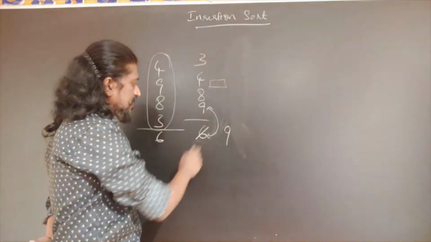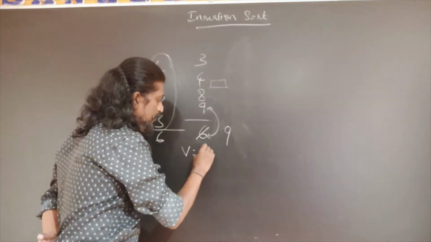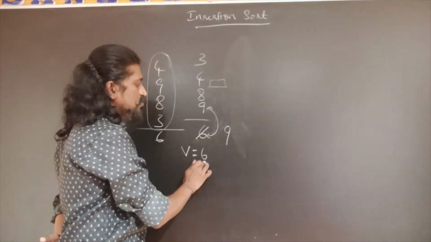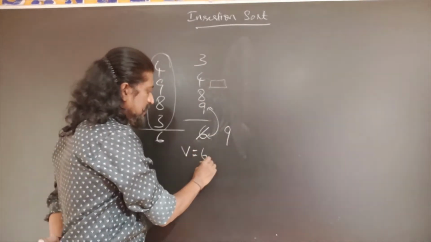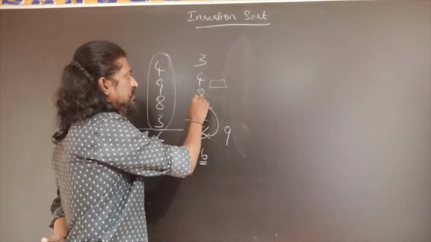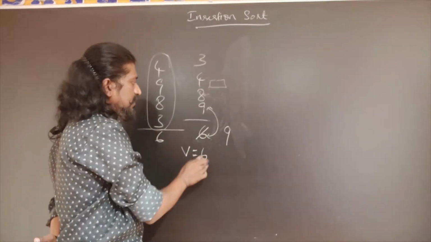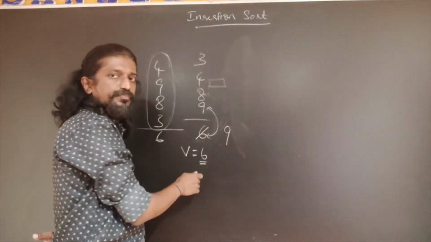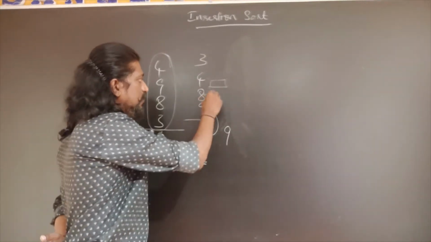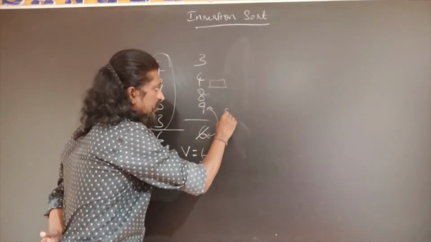So since this is getting overwritten, we will copy it to one temporary variable. Okay, so 6 value is copied to some temporary variable and this element is brought down. Then this 6 is compared with the next element, 8. So when we compare with 8, again we find that 8 is greater than 6, it has to come below. Therefore 8 will be moved here.